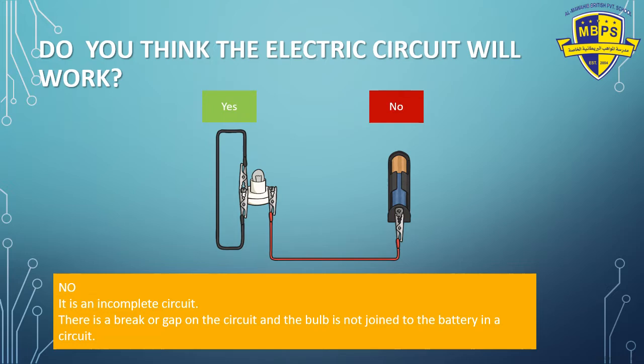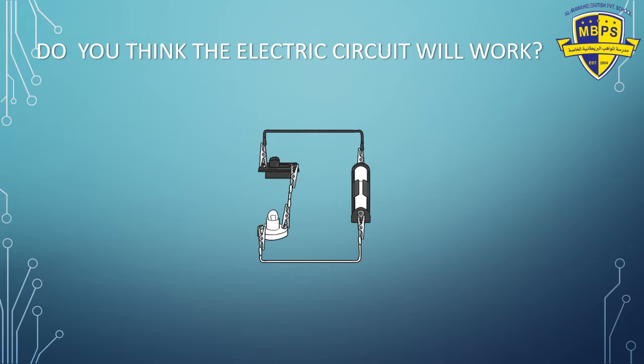Now let's see the next one. Do you think this electric circuit will work? I know you remember this. There's an extra thing inside. There's a switch also. Do you think the switch is there to help the circuit? How? Think of your answer.